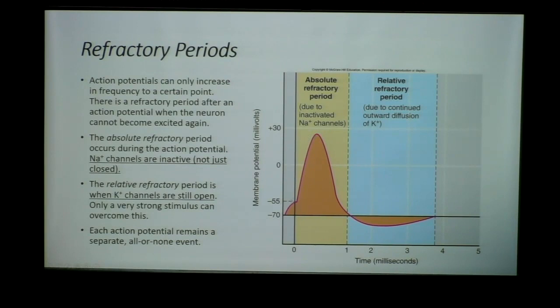When the negative 55 threshold was met, 2 signals were sent here. One is to open the inactivation gate. So think about, we get to negative 55, 2 signals are sent. Open the inactivation gate, which essentially opens the channel, right? And then after 1 millisecond, close that inactivation gate, which essentially closes the channel. And at that same time, potassium channels open up.